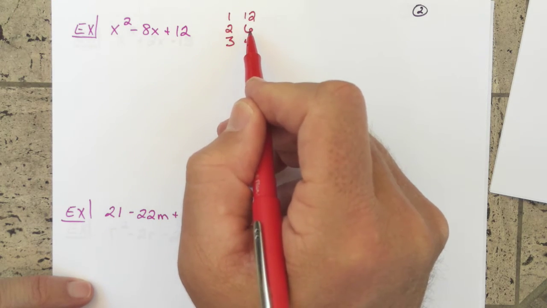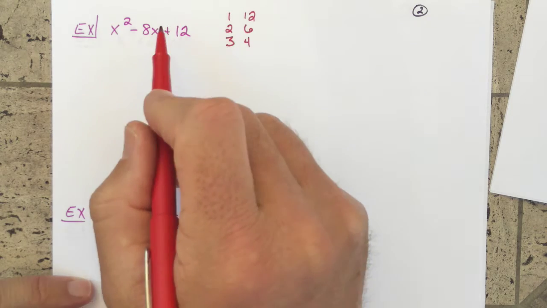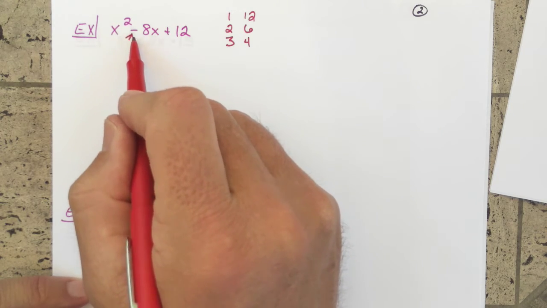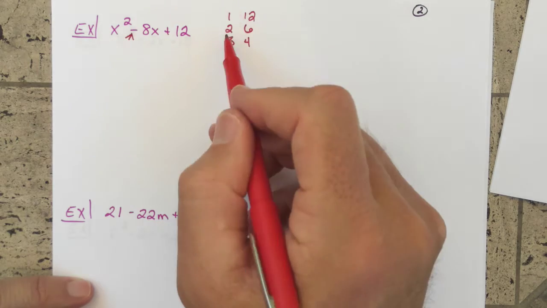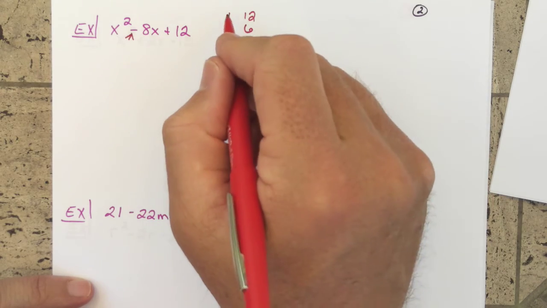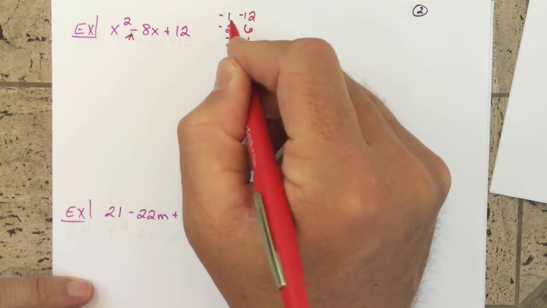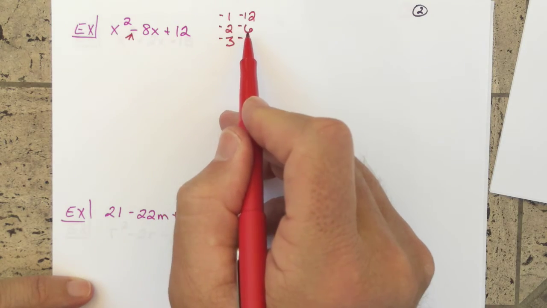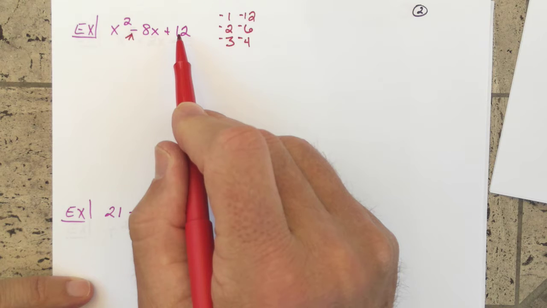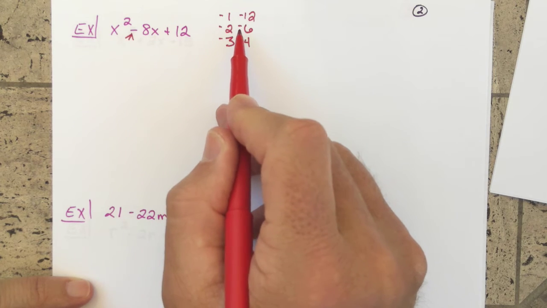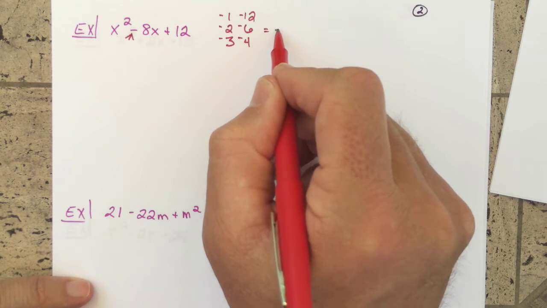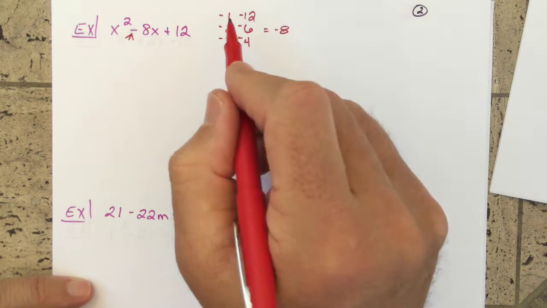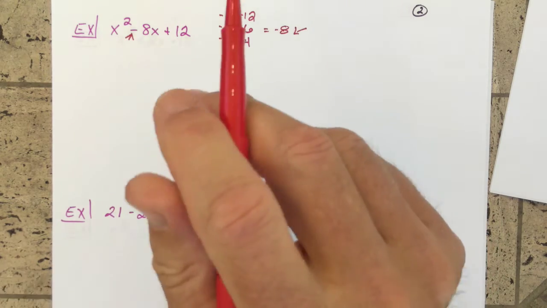I get a positive 8 there. I need a -8. So this sign tells us don't use the positive list, use the negative list. -2 times -6, still positive 12. -2 plus -6 equals -8. There's what we want to use.